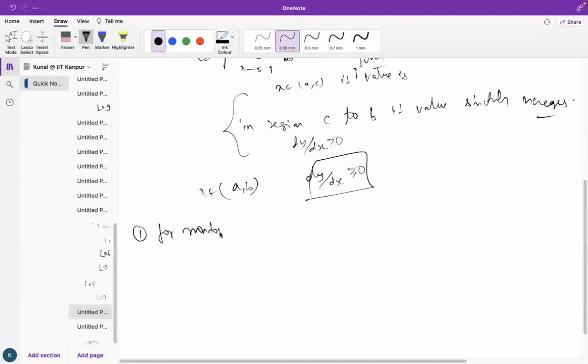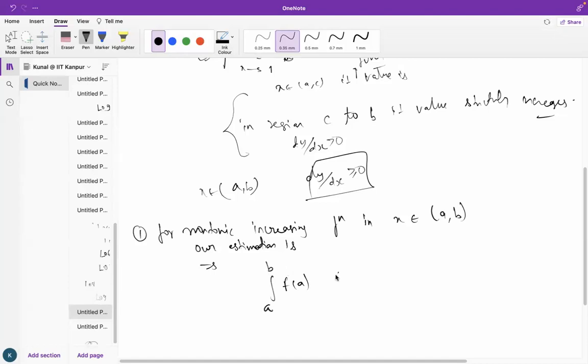I hope you all understand what I'm trying to say about a monotonic increasing function and how its graph looks. So for a monotonic increasing function, with x belonging to A to B, our estimation is like this: the integral from A to B of f(A) is less than or equal to the integral from A to B of f(x), which is less than or equal to the integral from A to B of f(B). So this is our estimation.